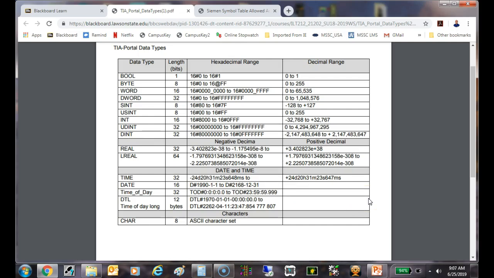This is what Allen Bradley called floating point numbers. Siemens calls them real numbers, which is what they are. These are numbers that can be positive or negative, but they can also use scientific notation. So your real numbers, we could have signed real numbers between this range.